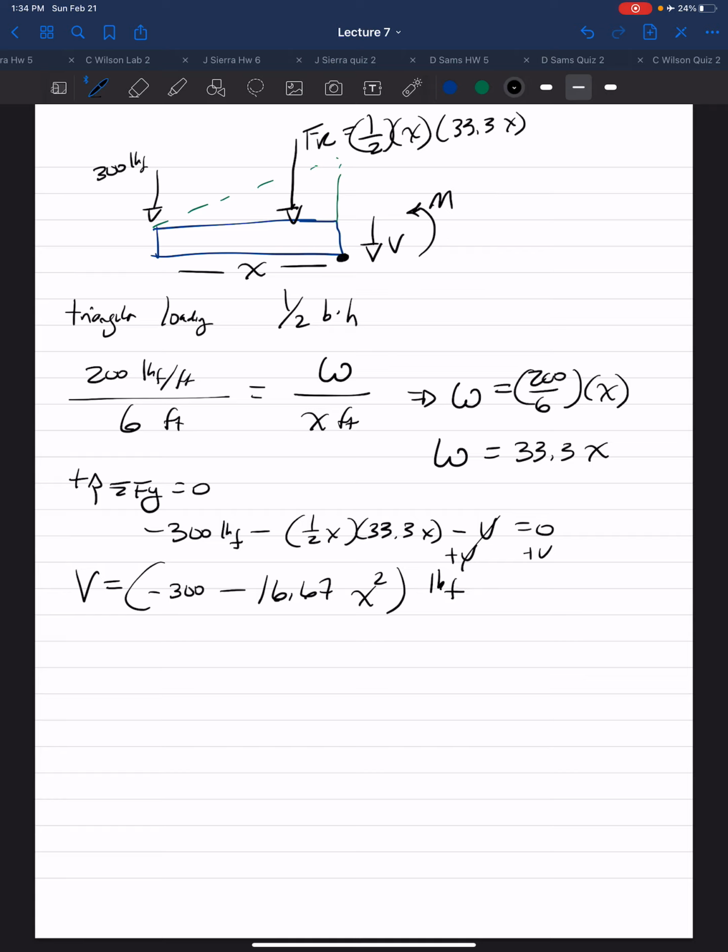Taking my moment, you have your bending moment M plus your 300-pound force times the total distance x plus your triangular loading force, which is 1/2 x times 33.3x times the perpendicular distance, which in this case is always x over 3, a third from the end.